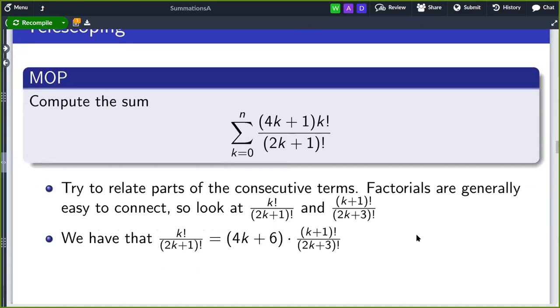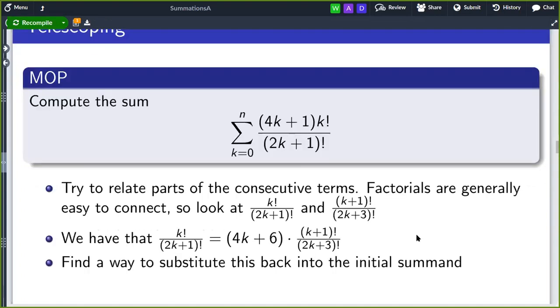As you can see, 4k plus 6 is actually very close to 4k plus 1, so this may hint that we're on the right track. Anybody have any ideas to plug this expression back into the initial equation?